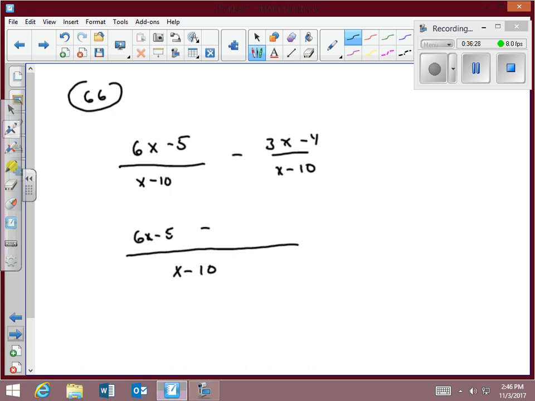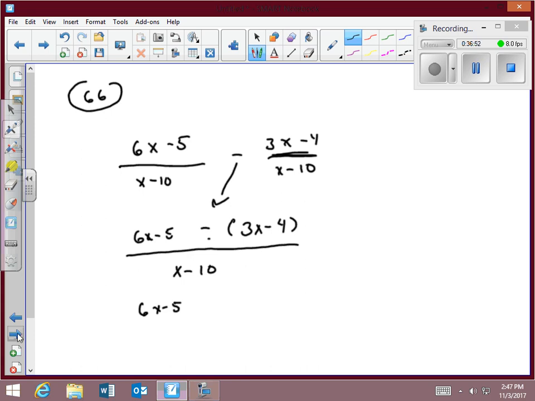But now there's a minus sign that comes down here. Now, this line acts as a bracket of that numerator. I had better bracket that, right? Because that sign is going to change it. Now, my numerator is 6x minus 5.